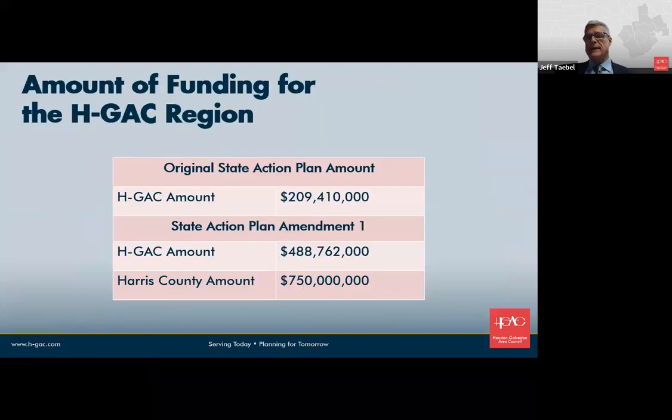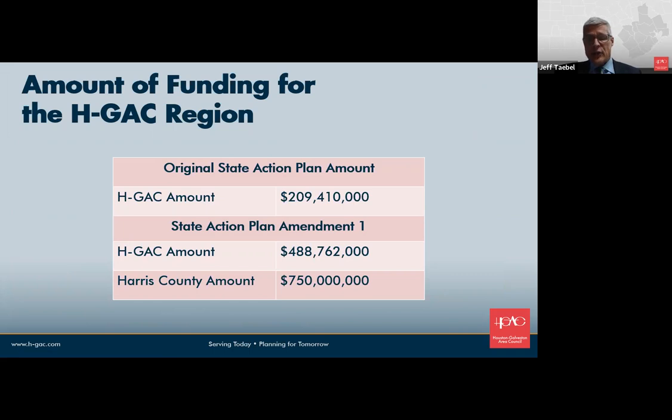So one thing that is important to note that did change in this amendment is that in the original state action plan, the amount that the Houston-Galveston Area Council would be allocated for this process was $209,410,000.